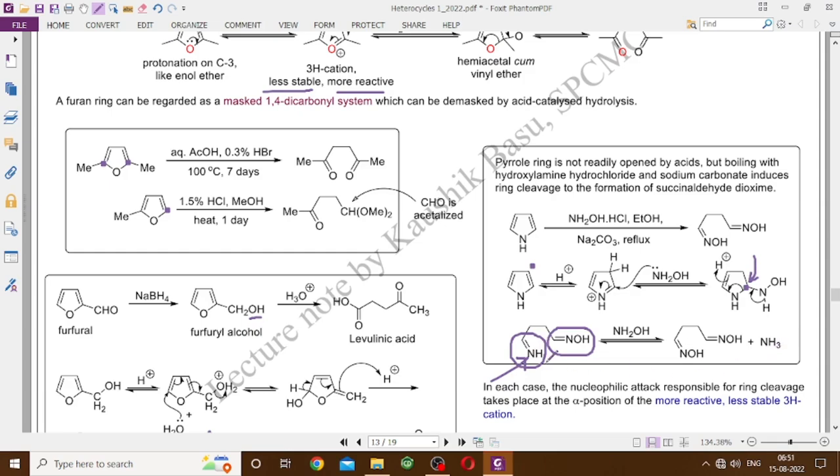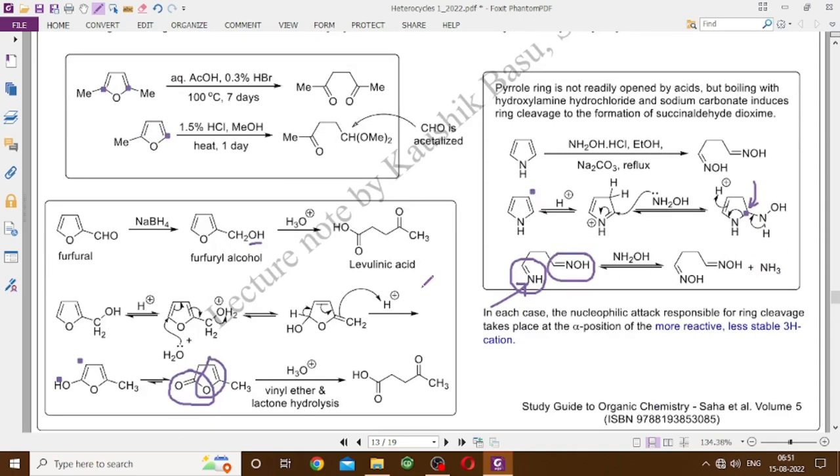This time it is reacting with the imine linkage, so it will give you oxime and ammonia. In each case, I have highlighted this again: the nucleophilic attack responsible for the ring cleavage takes place at the alpha position of the more reactive and less stable 3H cation.